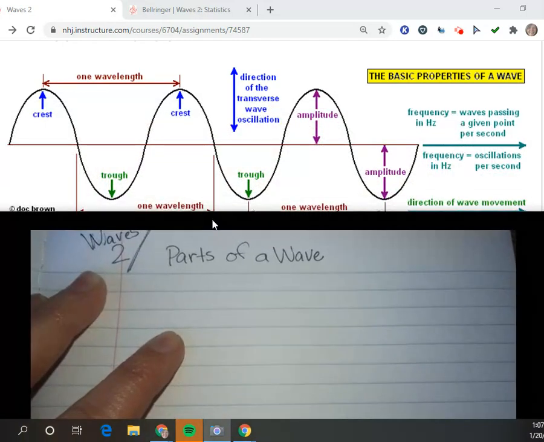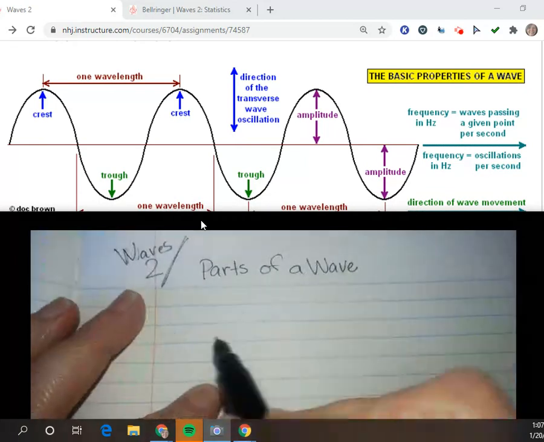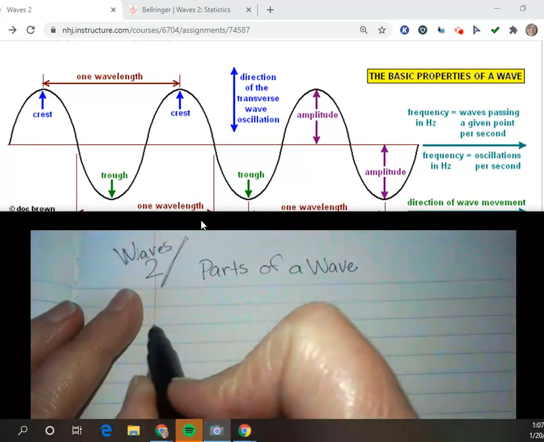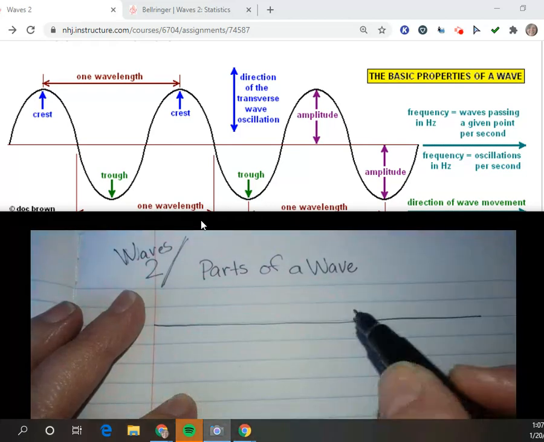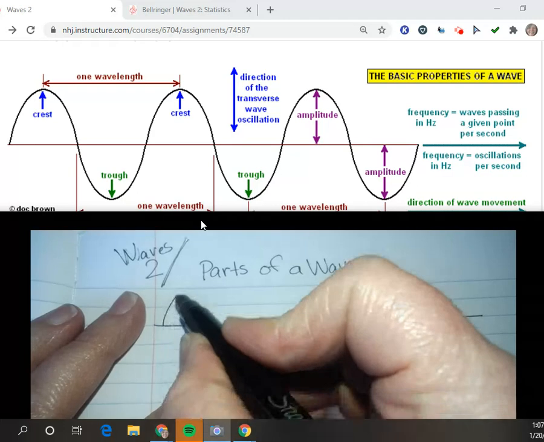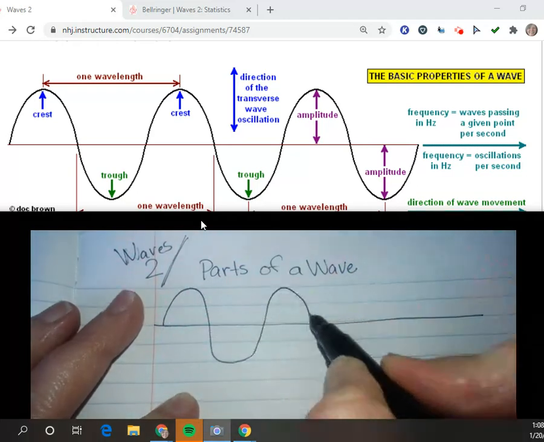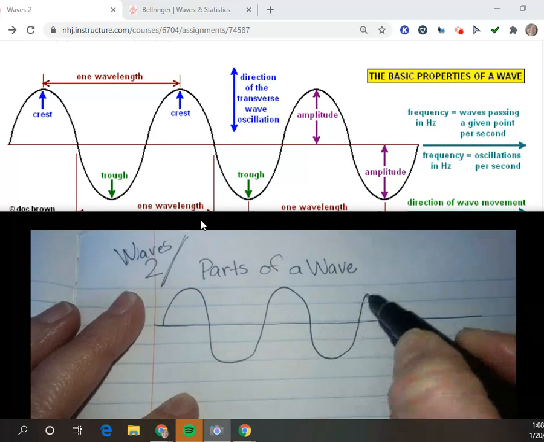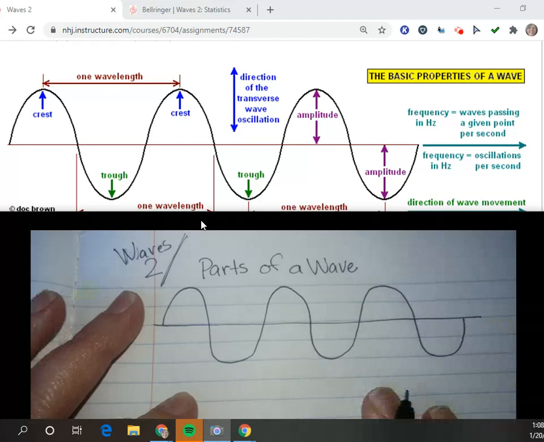All right. So of course we're going to draw this wave, right? One of the important parts about a wave is that it's pretty evenly drawn. So let's go ahead and draw our picture. We'll go up and down. I know mine's not terribly even, but this is science, not art, right? Okay.